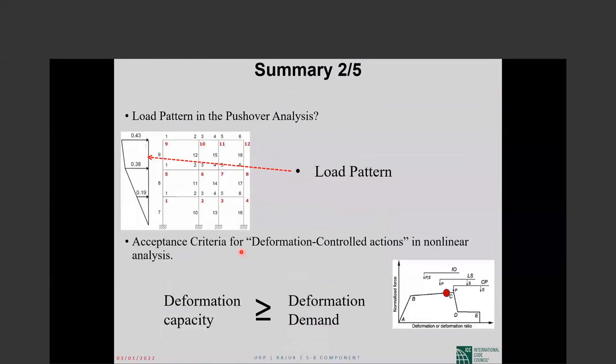That's for deformation control actions. For deformation control actions, what is the acceptance criteria? It is deformation, not force.